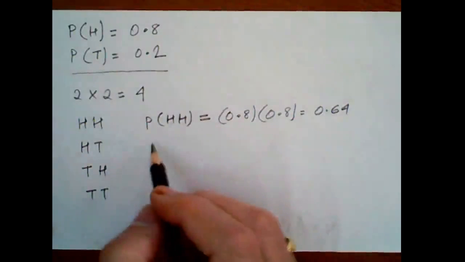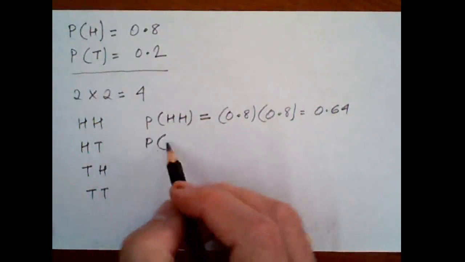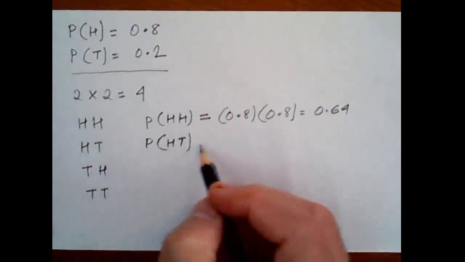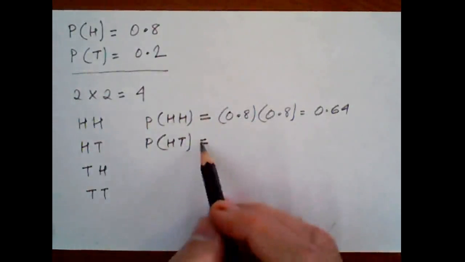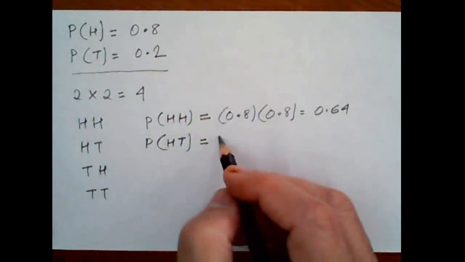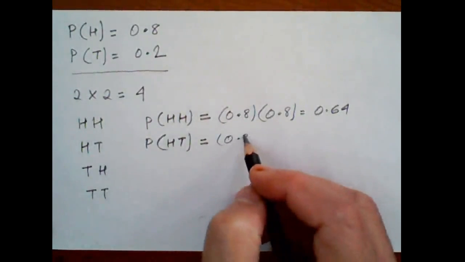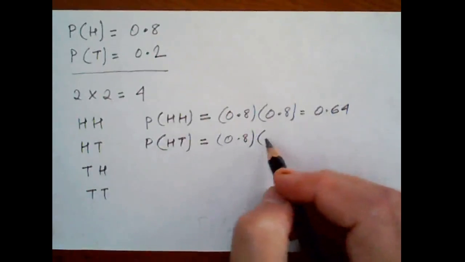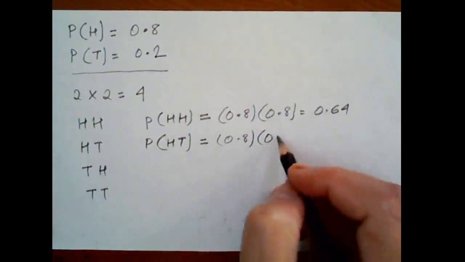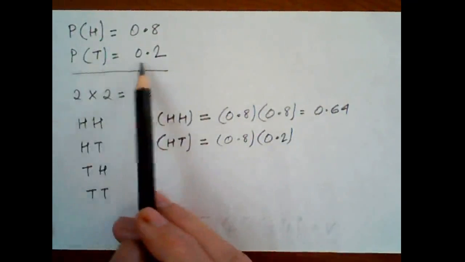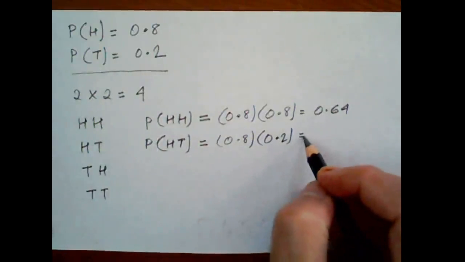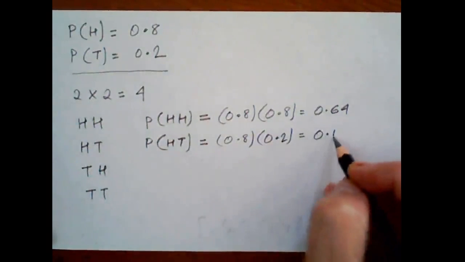Similarly, let's calculate the probability that the outcome is HT. So here again, probability of heads in the first toss 0.8 times probability of tails in the second toss 0.2. Remember, it's an unfair coin, probability of tails is 0.2, and that will be equal to 0.16.